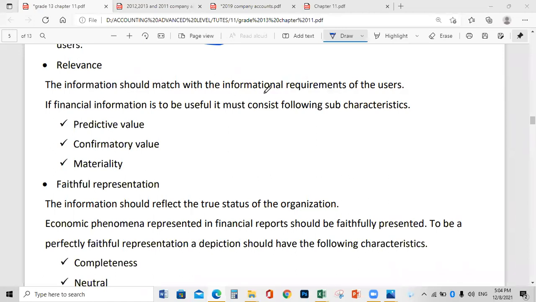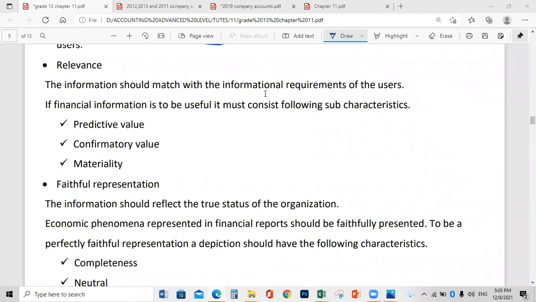Was that information relevant for you? Yes or no? Was it useful? Please reply. If not, it will be boring. It was not useful, right? Because you asked me what an asset is, but I explained what a liability is. So I am not matching your requirement.